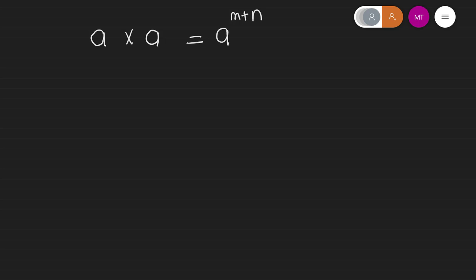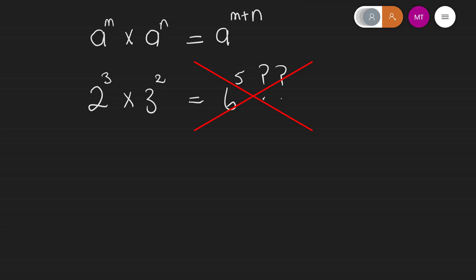So is the following correct or incorrect? 2, remember that was an m and an n, 2 to the power of 3 times 3 to the power of 2 is 6 to the power of 5? No, the bases are not the same. If you're going to expand this, it is going to be 2 times 2 times 2.